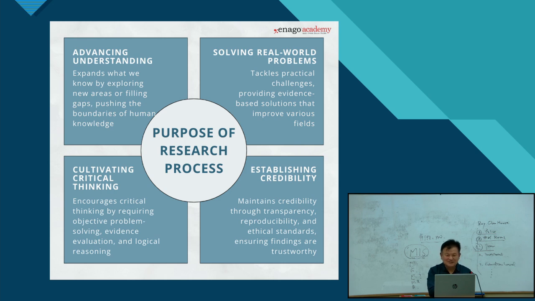It means we have a lot of problems in the world and in human relationships and human life. So how do we solve real world problems from your research paper?